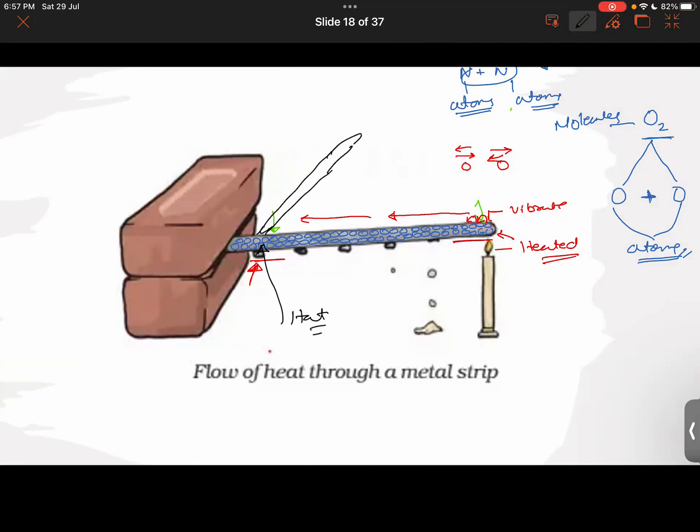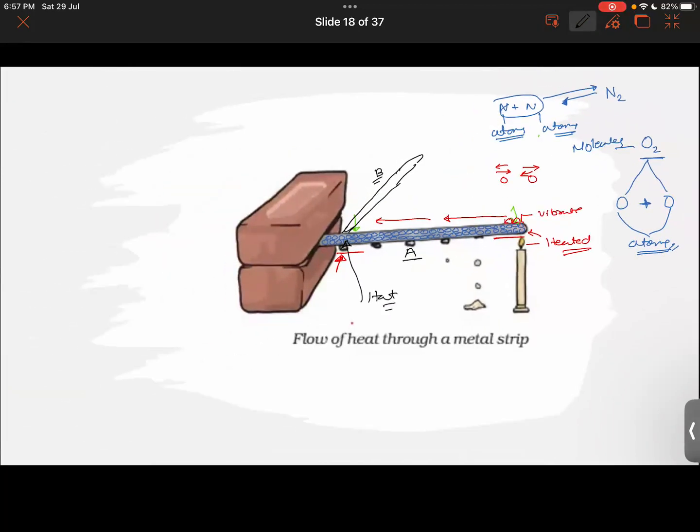There will be transfer of heat from this metal strip A to metal strip B, right?